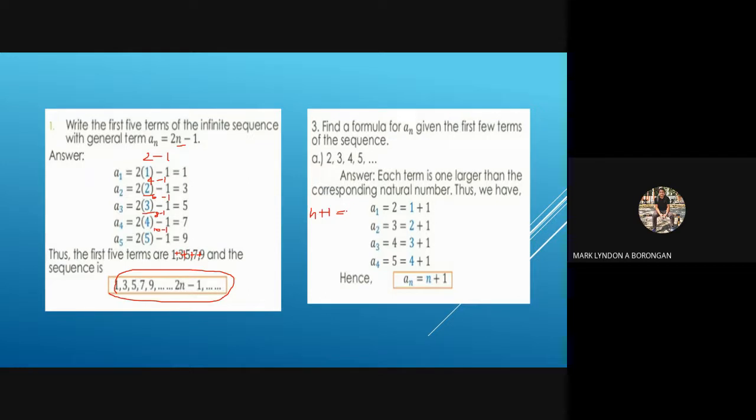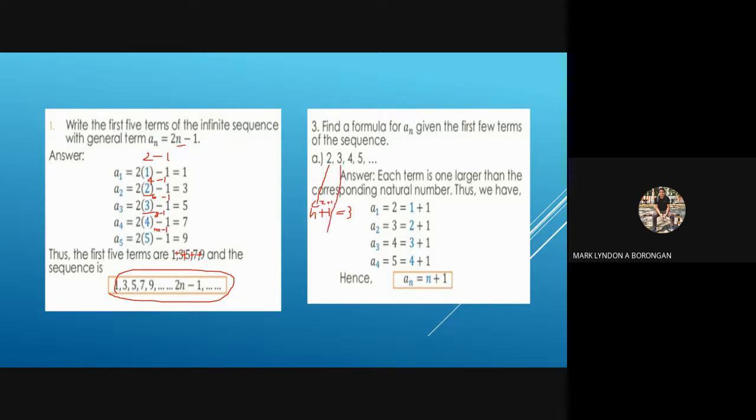Let me go back to the question. If I have n plus 1, let's say for example the number 2 is n, and then you add 1, you get 3. So it becomes 2 plus 1.